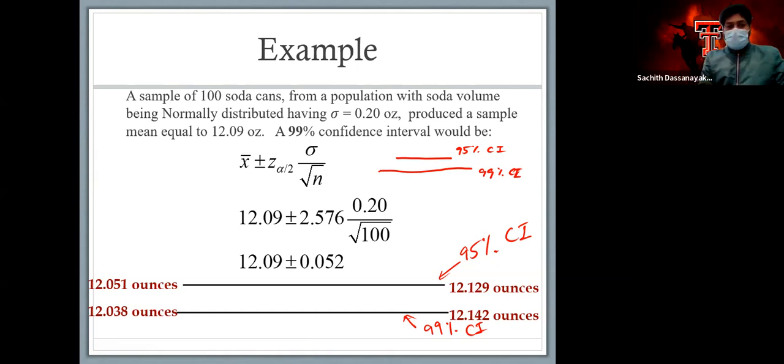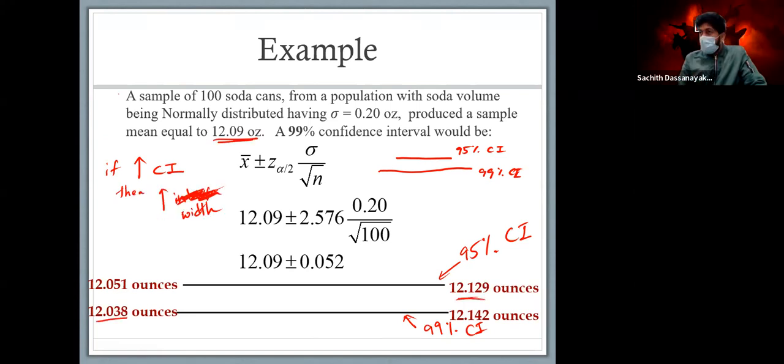So if you increase the confidence interval, then what happened? We can say if the confidence level is increasing, then the width between the lower bound and upper bound is also increasing. So there is a problem, right?